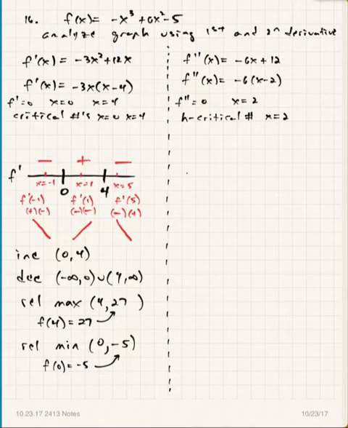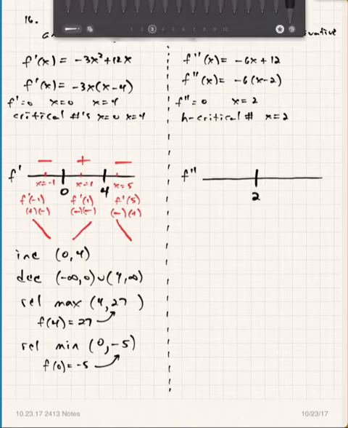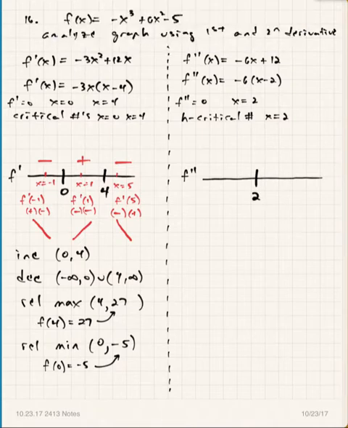And so now we analyze the sign of the second derivative around that hypercritical number, around 2. We pick a couple of x values for test values. We might pick x equals 0. I always try to pick x equals 0 when I can. And then x equals 3. I'm looking at f double prime at 0 and f double prime at 3, and whether that's positive or negative. So for f double prime at 0, you have a negative 6 times x minus 2.